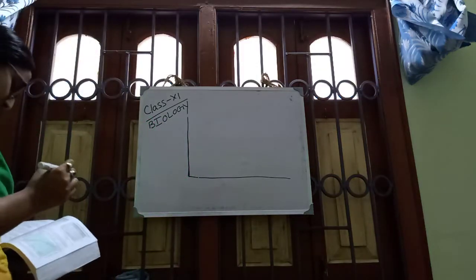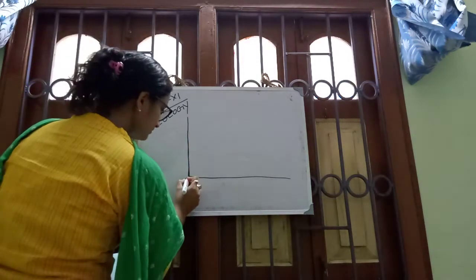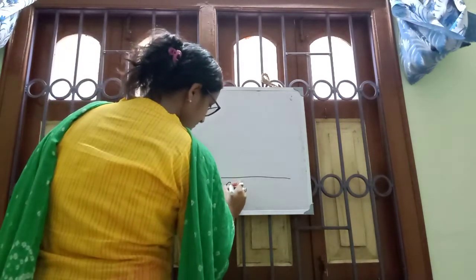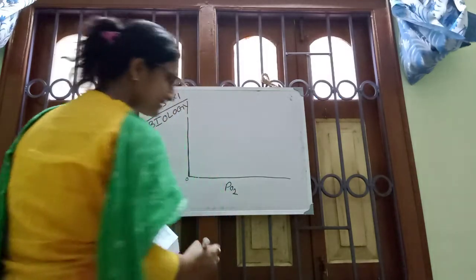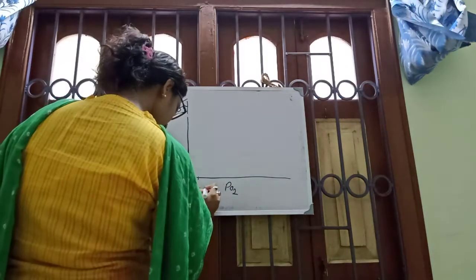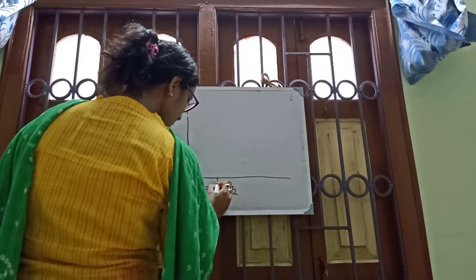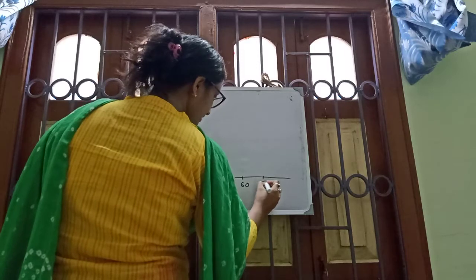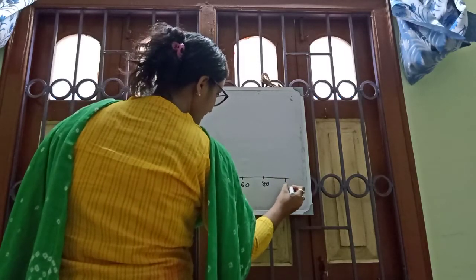Here, on this axis we have PO2, the partial pressure: 0, 20, 40, 60, 80 and 100.